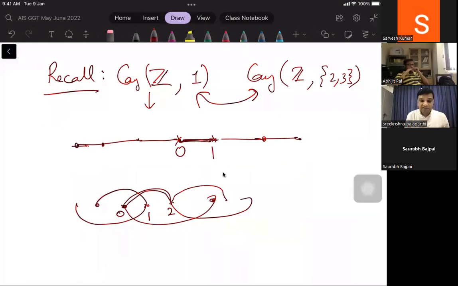So the distance between 0 and 1 in the first Cayley graph is 1, whereas the distance between 0 and 1 here is not 1, it is 2. Okay, so you can check that you can get there with a path of length 2. So certainly these will not be isometric if we just declare the path metric. Okay, so we need to do more.